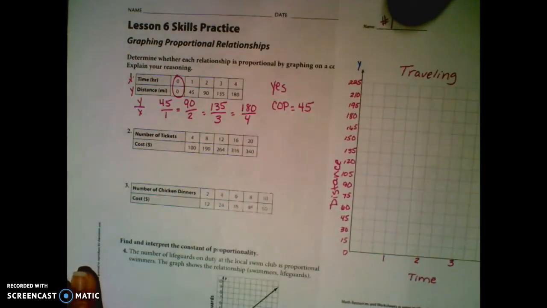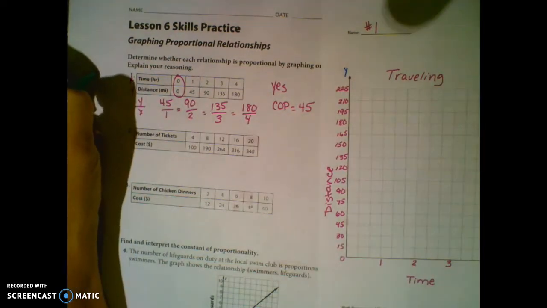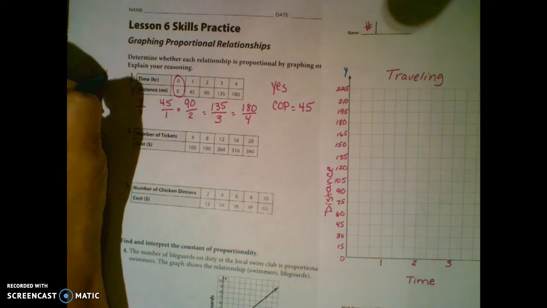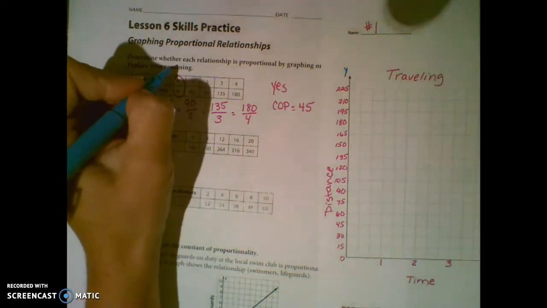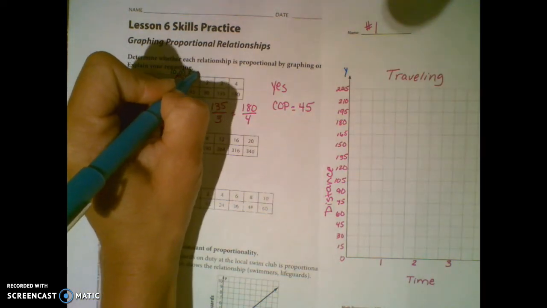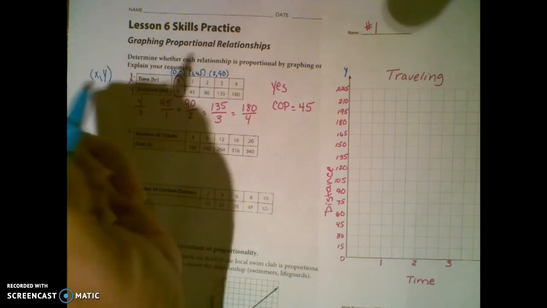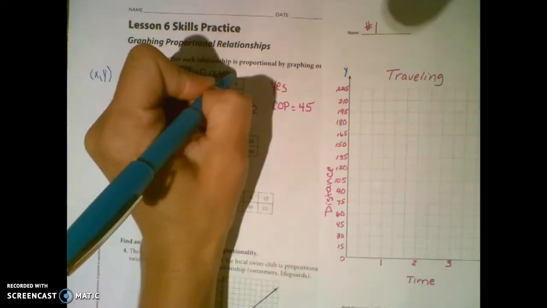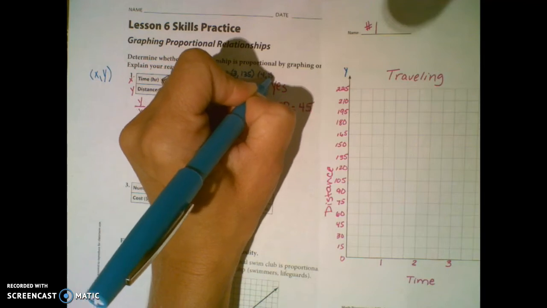So now let's get to graphing it. In a table, don't forget, when I make my coordinate pairs, it's always x then y. So here I'm going to have (0, 0), (1, 45), (2, 90), (3, 135), and (4, 180).